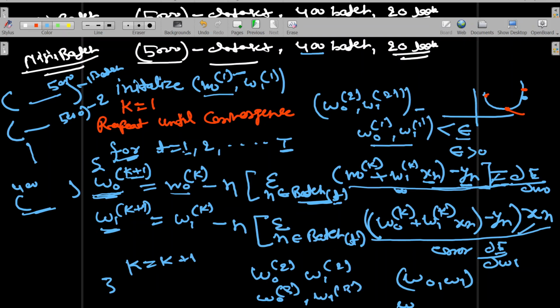Similarly, for 400 batches you get w0 400 and w1 400. You compare the convergence: subtract the next step from the previous and check whether this value is less than epsilon. If this condition holds, then convergence has happened, we have reached the global minima, and we have the w0 and w1 we wanted for our linear regression model.